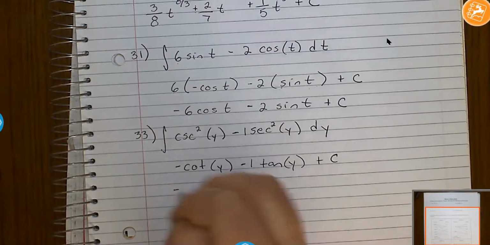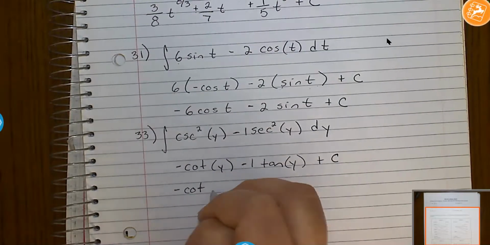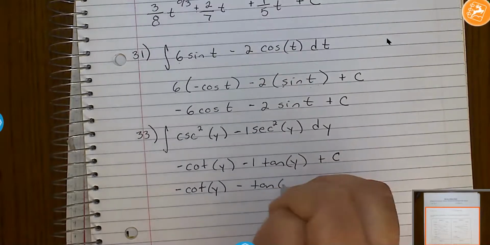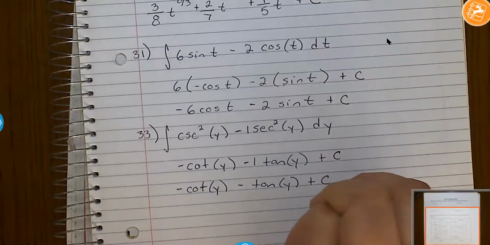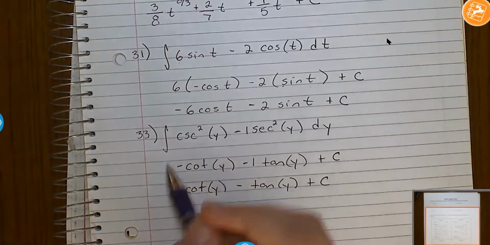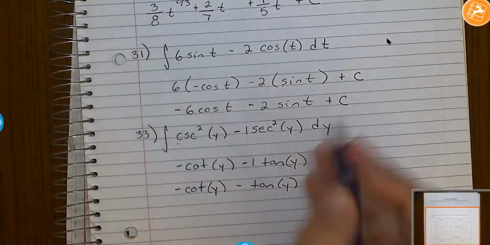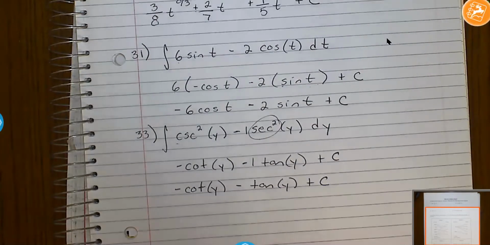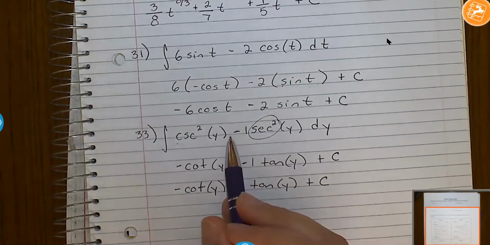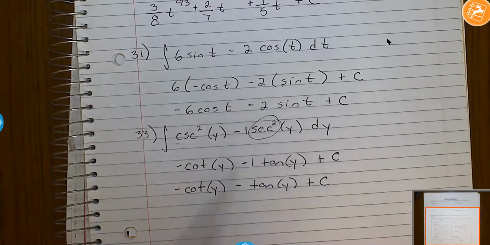So we're looking at negative cotangent y minus tangent y plus c. Okay, I know that's a little strange, but you got to look at the rules you have here for cosecant and secant. Look at the constants that are in front of it. You have a subtraction sign, you have to make sure you have that negative 1 there.